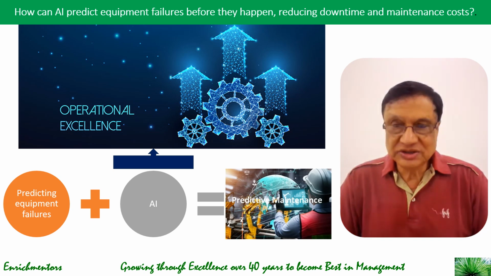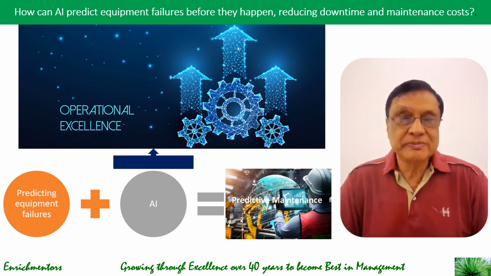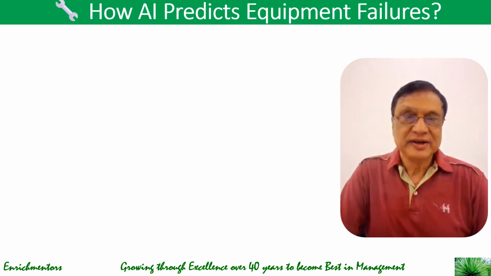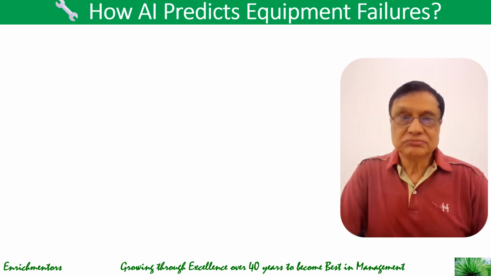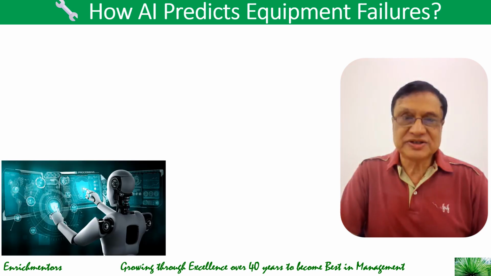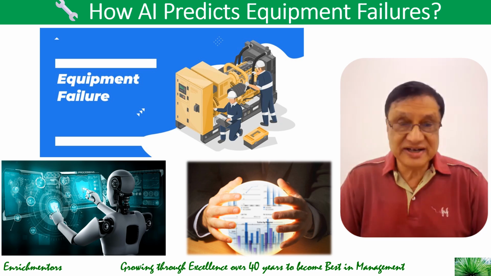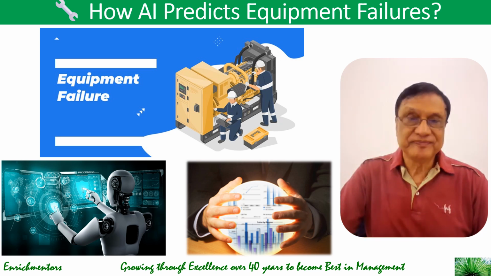And how it works, let us take a look at a few simple steps that can help you understand. You know how AI predicts equipment failures? It's like a crystal gazing game, right? So let's take a look at that.